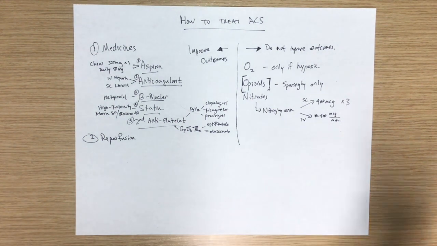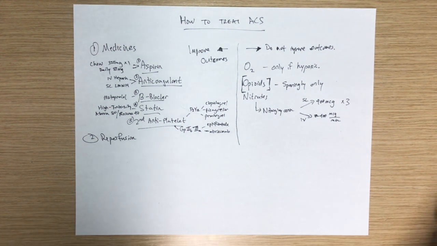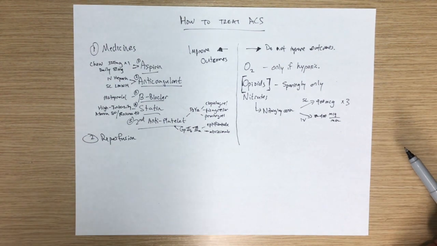Personally, I don't think that's the right approach. Personally, I think that you should make your decision about whether you think they have ACS. You should go through the algorithm from the last video about diagnosing them with ACS, and once you've decided they have it, everyone should be given all of these medicines unless they have a clear contraindication.